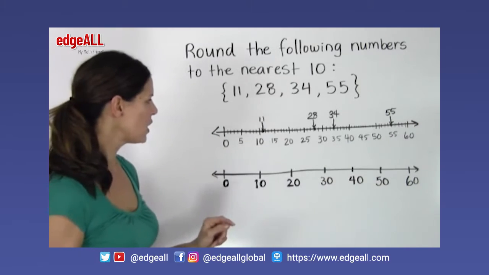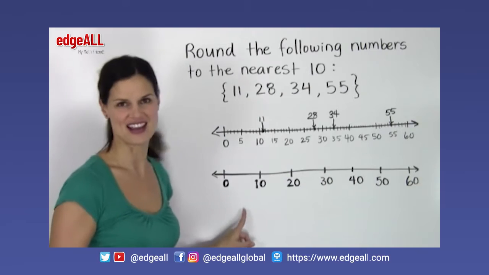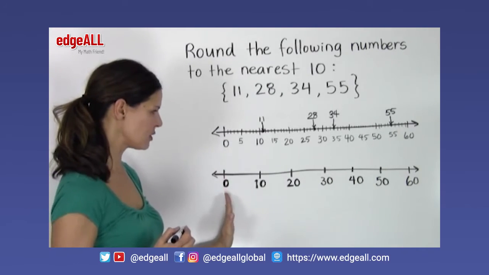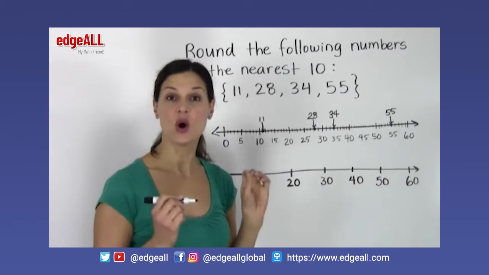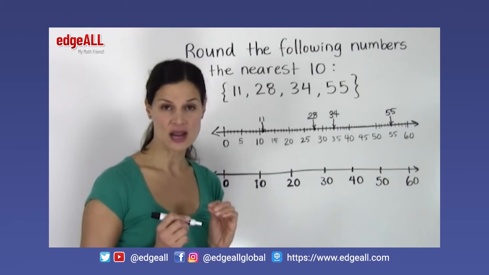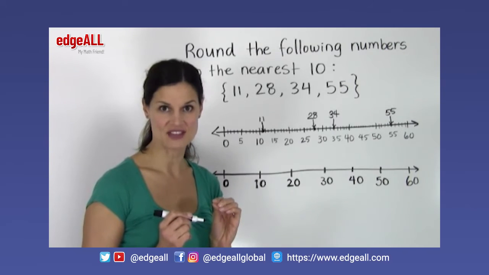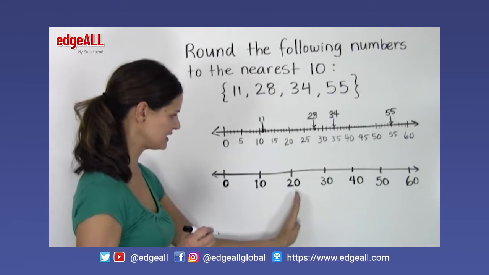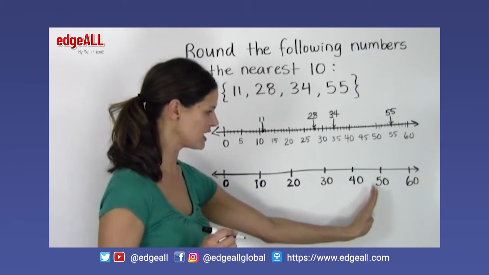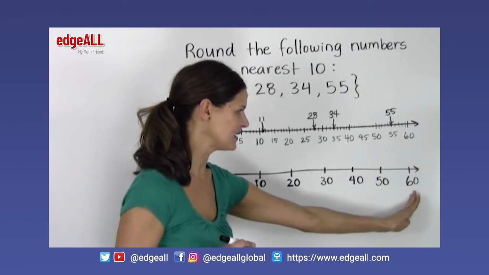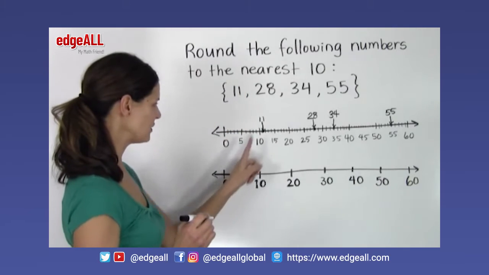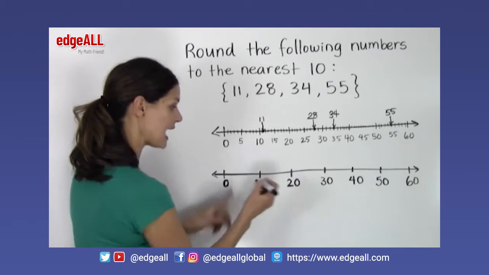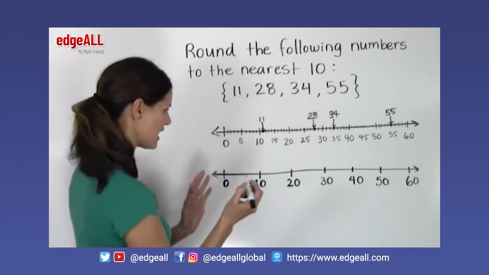Now we're going to move to a little different number line. Imagine that you have a number line also going from 0 to 60, but the only markings on our number line are the multiples of 10. So I only have markings at 0, 10, 20, 30, 40, 50, and 60. And we're going to put our numbers on this number line approximately where they would land.